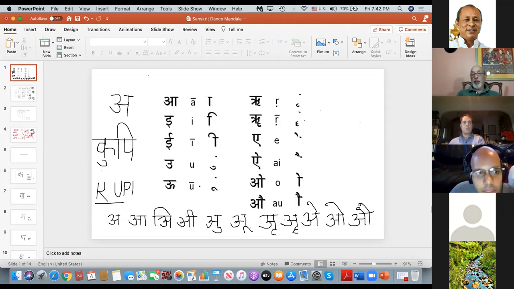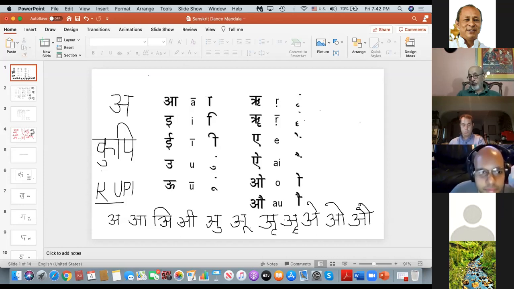These are the full vowels, o, a, e, u. When the vowel alone is written, you write o, a, e, u. But if the vowel is combined with a consonant, then you don't use this vowel. You use the matra, the symbol.